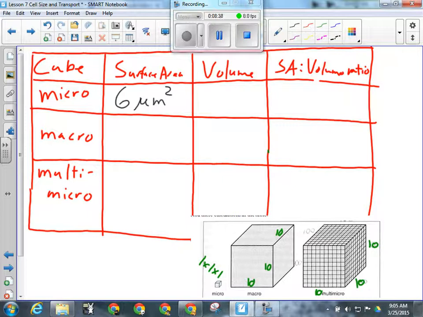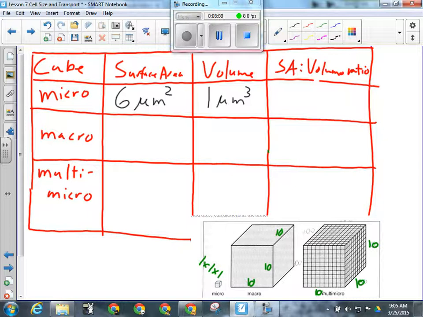To calculate volume, I go length times width times height. What's the volume of the little cube? Oh, I really thought we'd get that one right away. 1 times 1 times 1 is 1. Okay, all right, so it's 1 cubic micrometer.